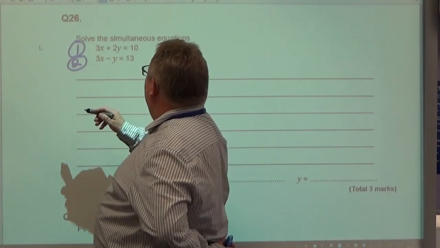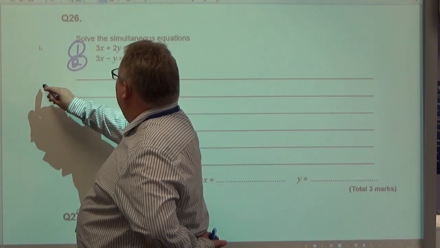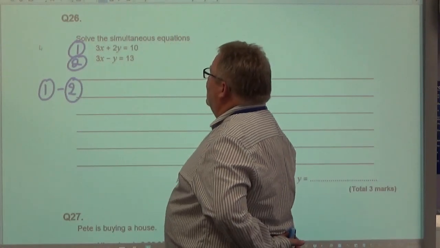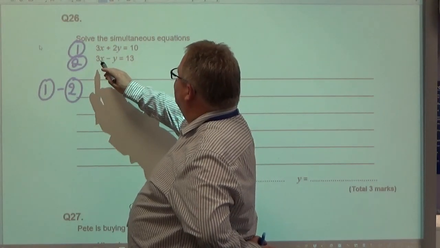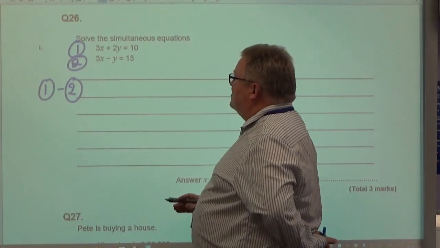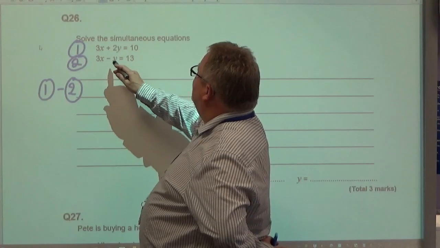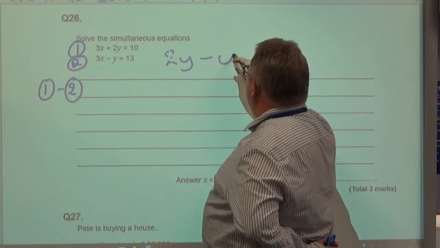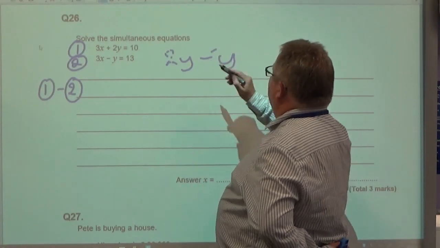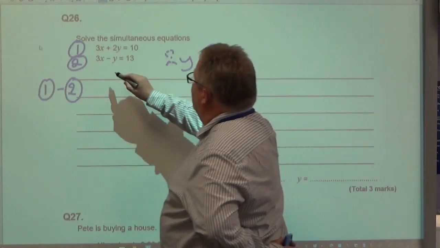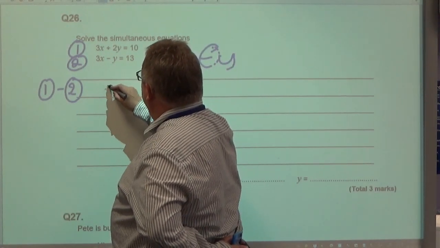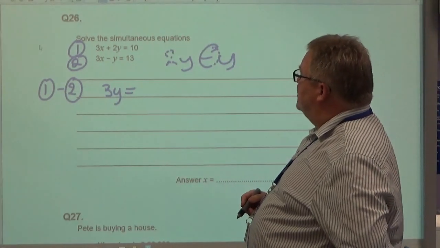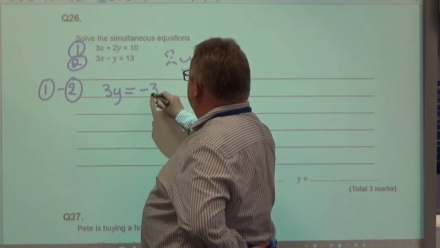I'm going to do equation 1 take away equation 2, and what that means is that 3x take away 3x, the x's disappear. Then 2y take away negative y, that's going to be a positive, so that ends up as 3y, and then 10 take away 13 gives us negative 3.